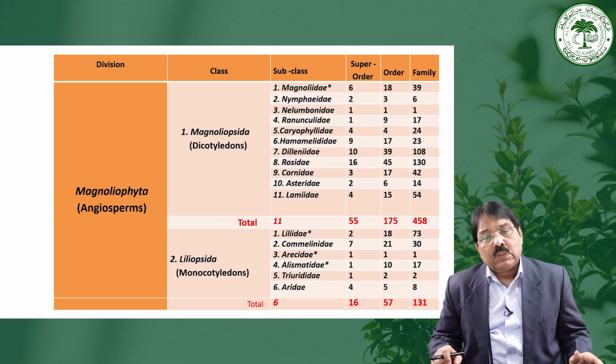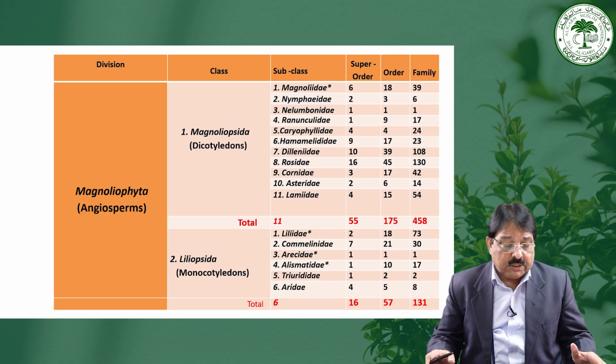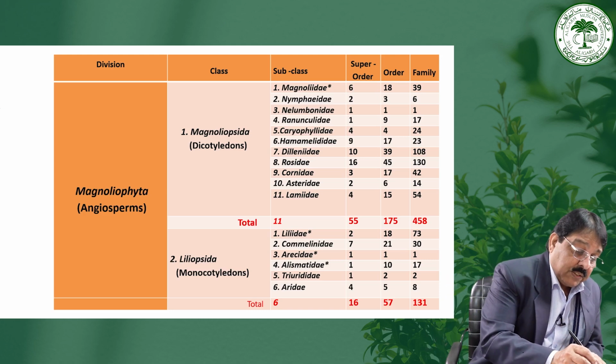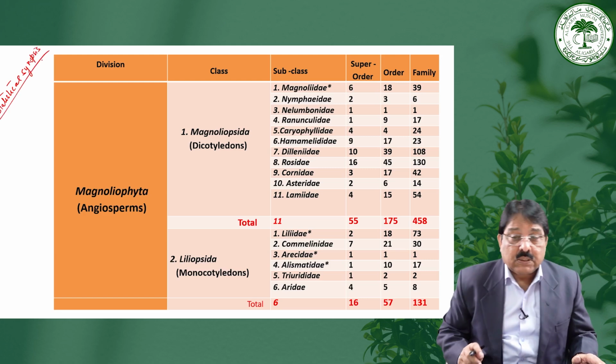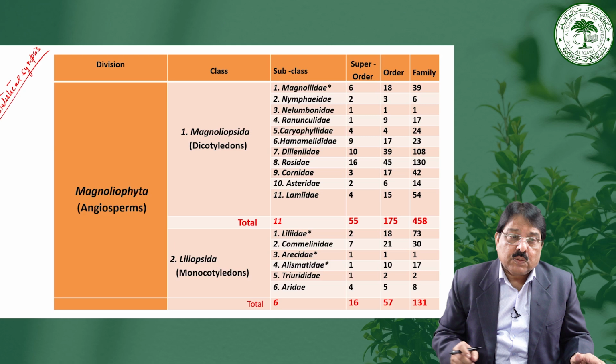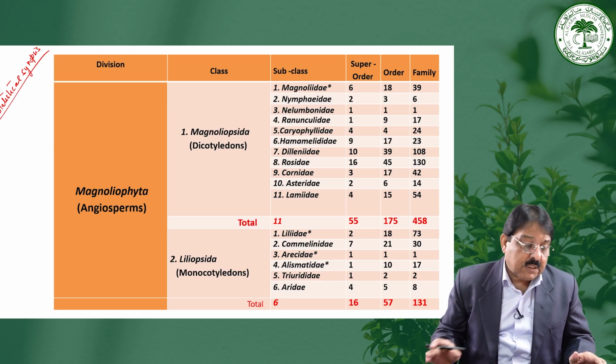If we talk about the statistical synopsis of the Takhtajan system of classification, then what would be the statistical synopsis?